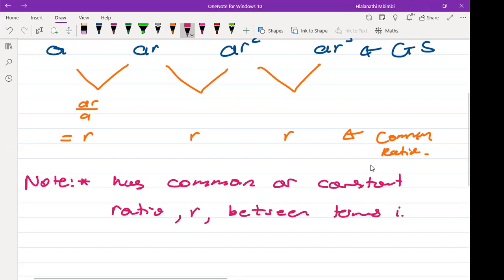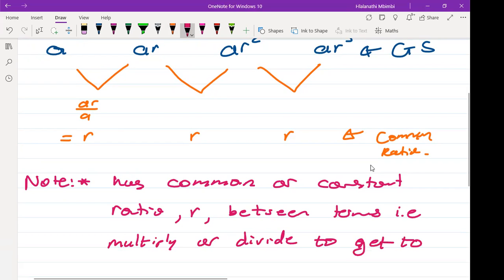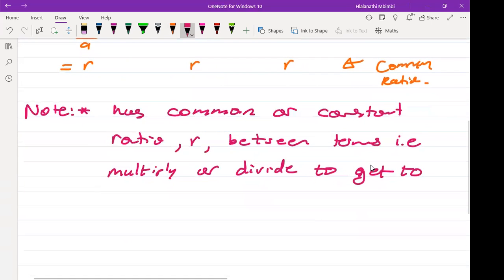So what does that mean? It basically means that you multiply or divide to get to the next term.